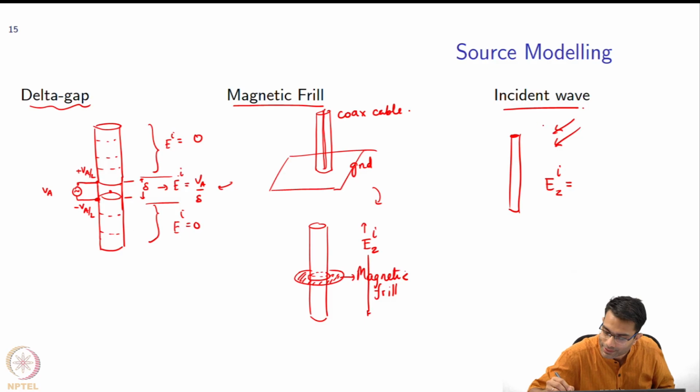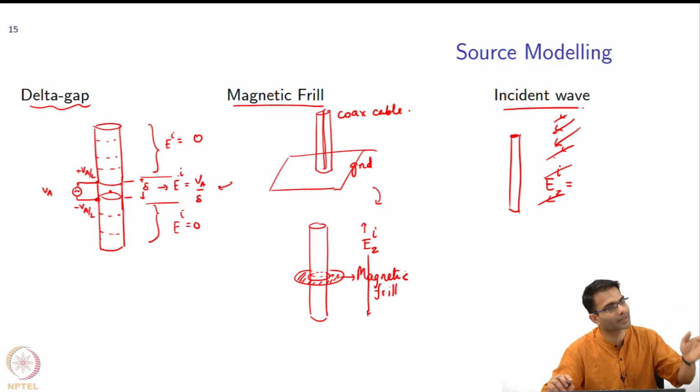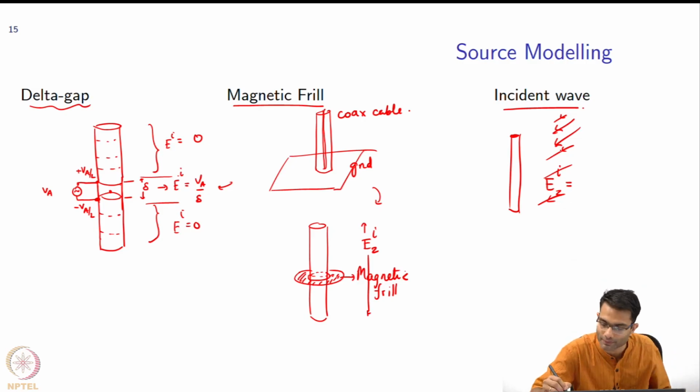You're overthinking it. This plane wave is falling over the entire thing. So, there is a field that is already there at every point of this conductor and its value is just going to be equal to the value of the field at that point, with one small modification. Remember, we are talking about electric field and these arrows correspond to the wave vector. Which way will the electric field be?